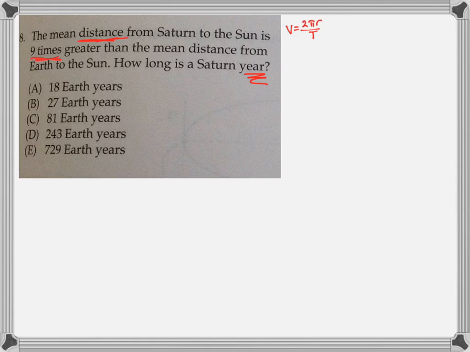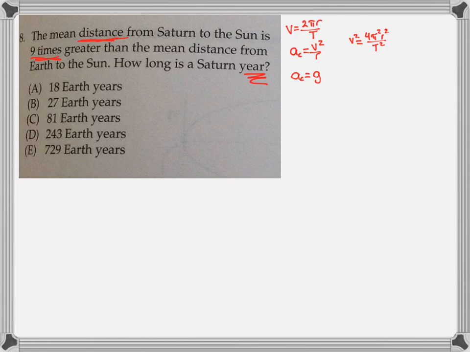So if we look at our basic equation that says velocity is equal to circumference over period, and we know the centripetal acceleration is v squared over r, and the centripetal acceleration is equal to the acceleration due to gravity, just like we did before.